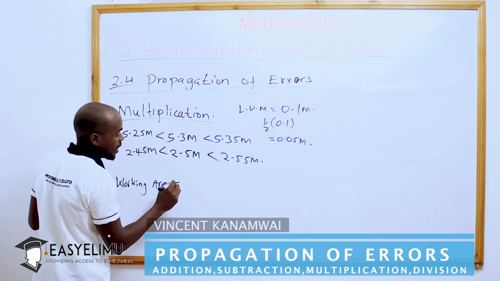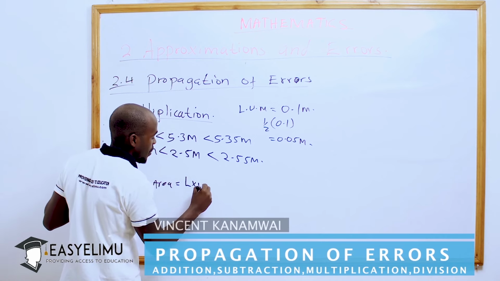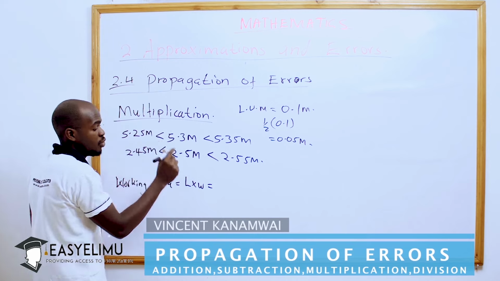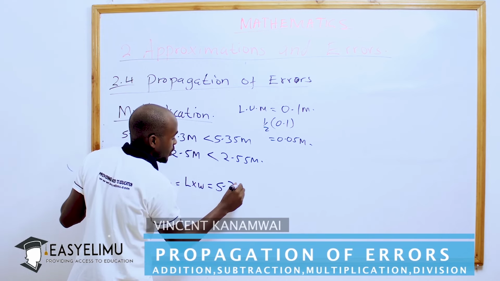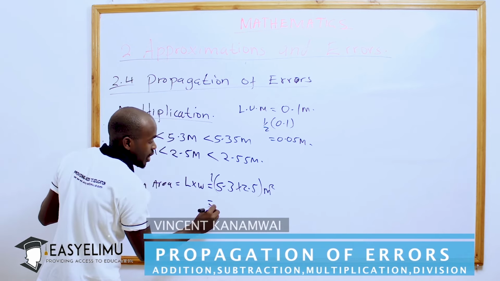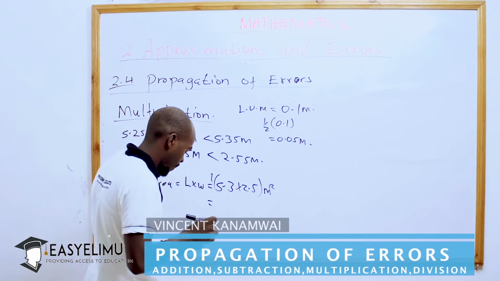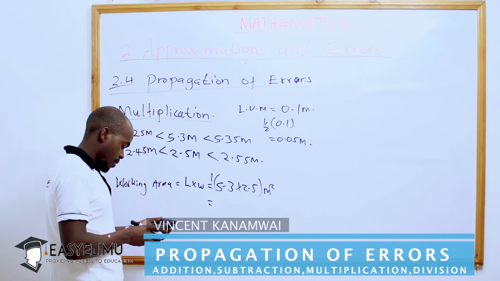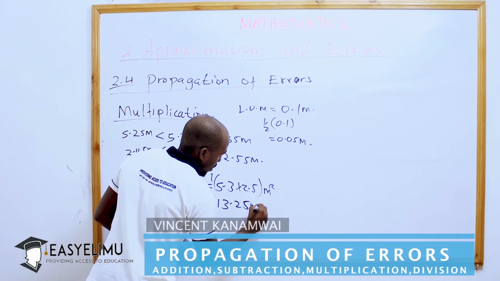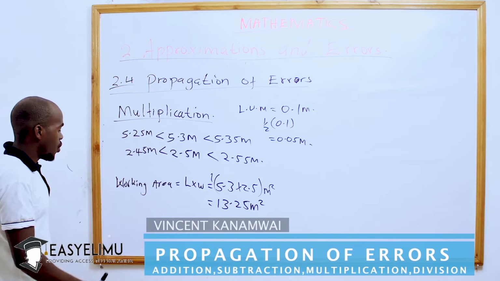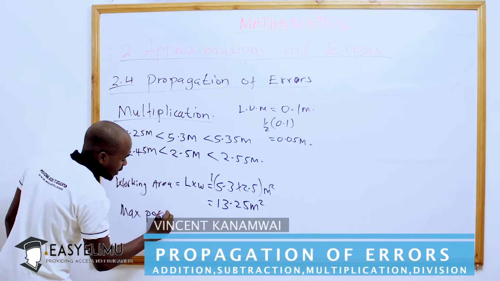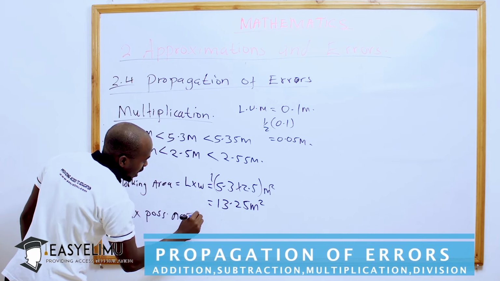And we know the area of a rectangle is equal to length multiplied by width. So the working area will be 5.3 multiplied by 2.5, and we know this is meter squared, so we are going to get something like 13.25 square meter. So after getting that, we need to find the maximum possible area, and we still know it's length times width.